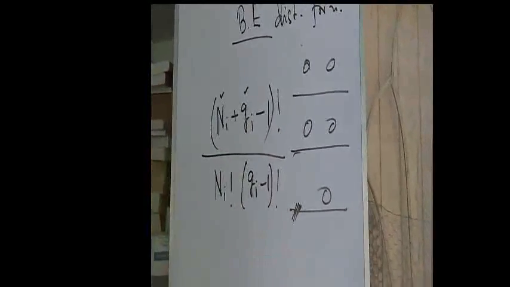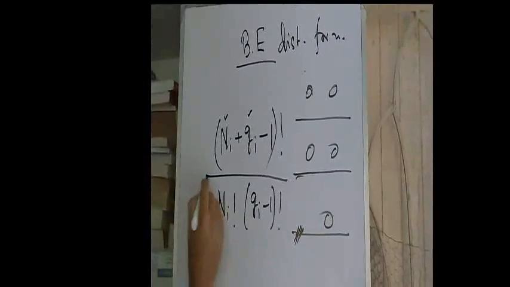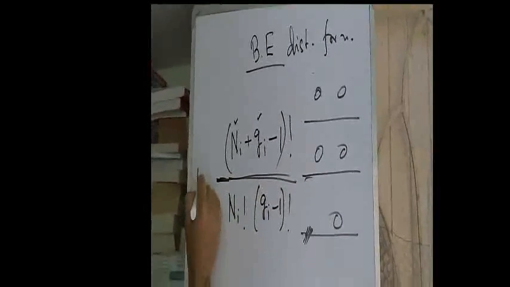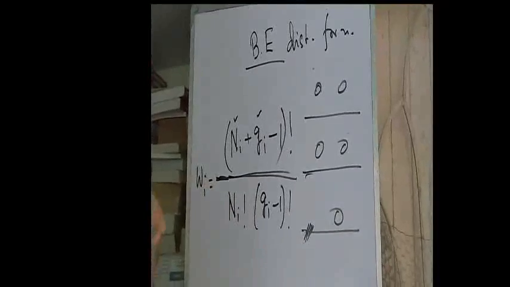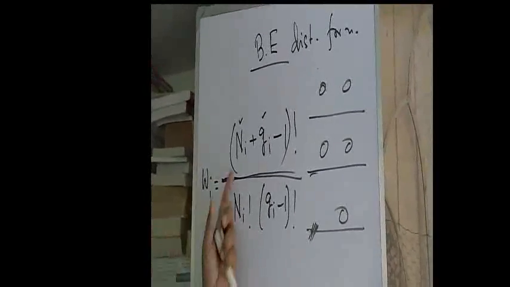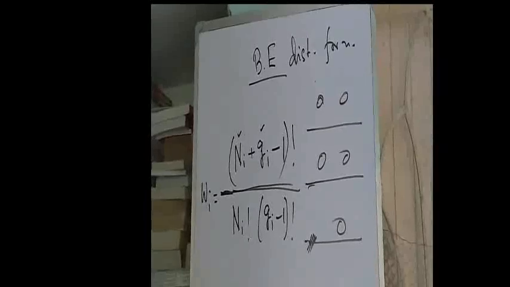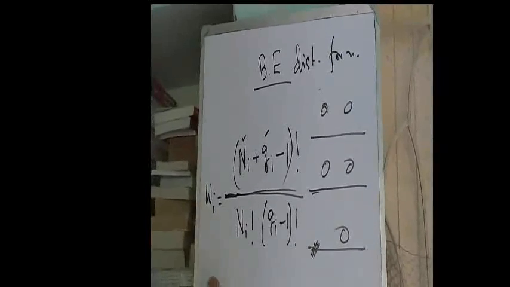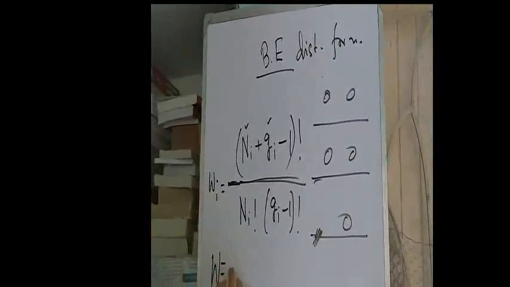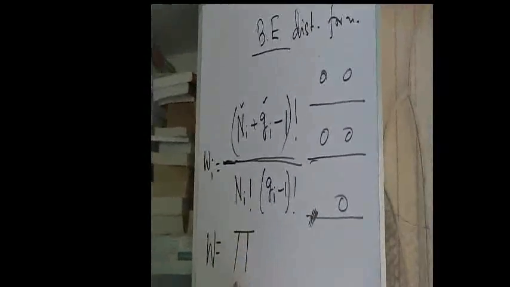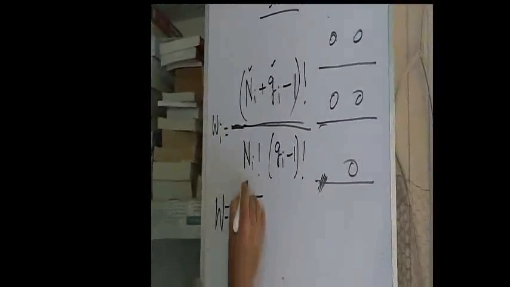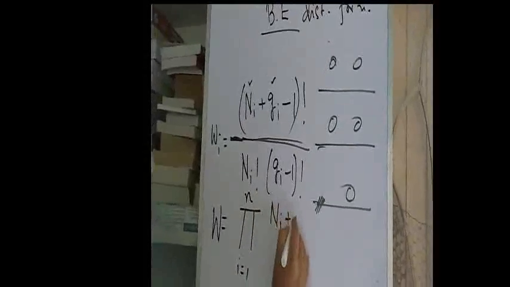So for a particular state, the number of distributions wi equals this, and the total number of distributions is W equals the product over i from 1 to n of (ni plus gi minus 1) factorial divided by ni factorial times (gi minus 1) factorial.